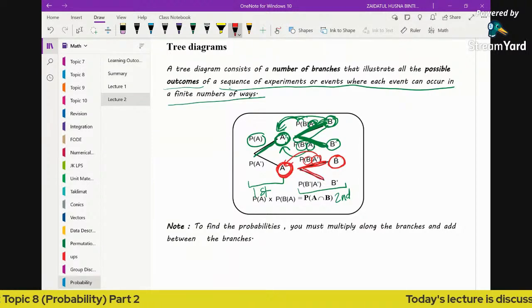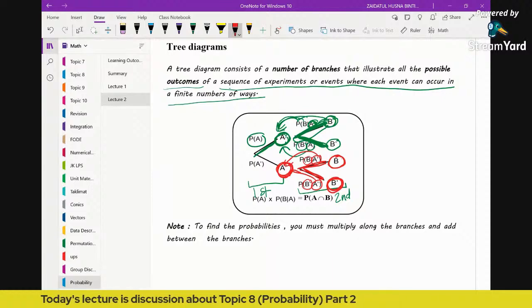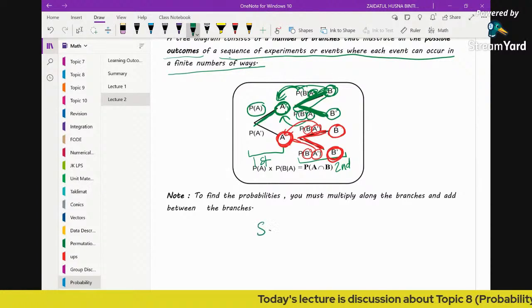And then for this one, B prime, so this is the probability of B prime given that A prime has happened, because again, it depends on the previous branch. Saya bagi contoh lah. Let's declare two events. S is the event you study.